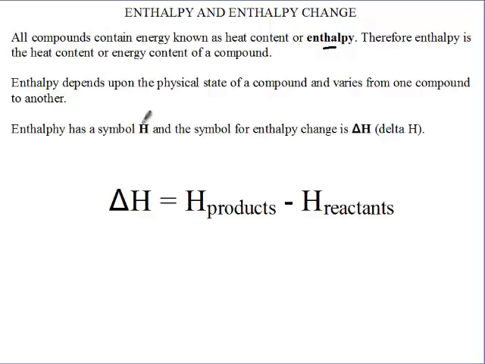Enthalpy has a symbol H. The symbol for enthalpy change is delta H, or this triangle H here, which is pronounced as delta H. When you're calculating enthalpy change, we use the formula: delta H is equal to energy content of the product minus energy content of the reactant.